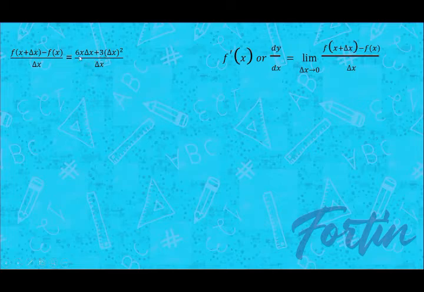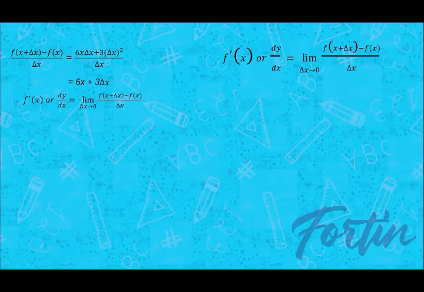Take note that in 6x delta x, delta x is common to both terms, so delta x cancels. 6x delta x divided by delta x is just 6x. Then 3 delta x squared divided by delta x gives 3 delta x. So we are done with this portion. The next step is to let our delta x approach 0.